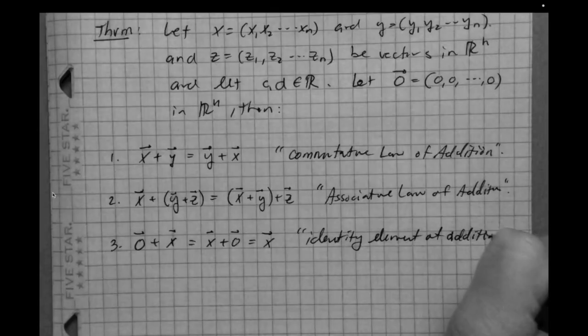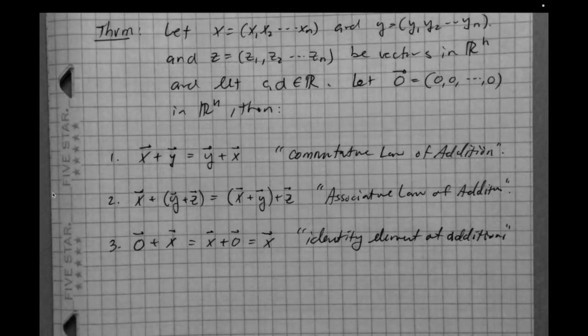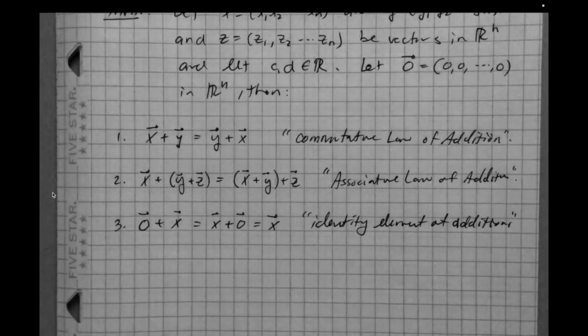We'll talk about this somewhat, but this is an extremely important idea when you get to abstract algebra. In linear algebra, we certainly make use of it, but it's not as central as it is in abstract algebra. But this is the idea that there exists some 0 vector such that when we add it to anything else, it doesn't change the vector that it's added to.